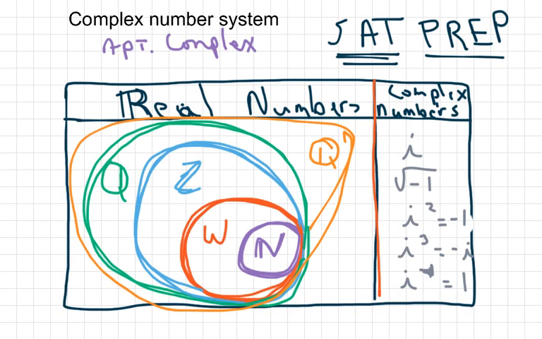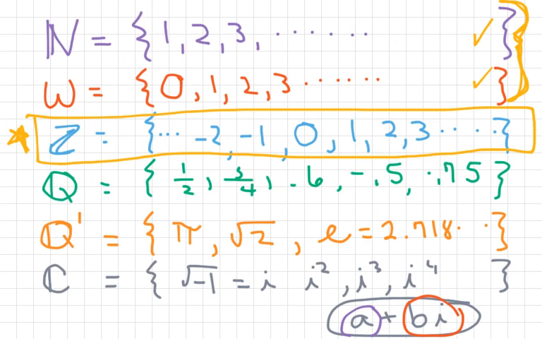So one's inside the other. So if I have the integers here, that means it includes the wholes and the naturals, but it wouldn't include the rationals. Okay? So this is just the building of the number system.